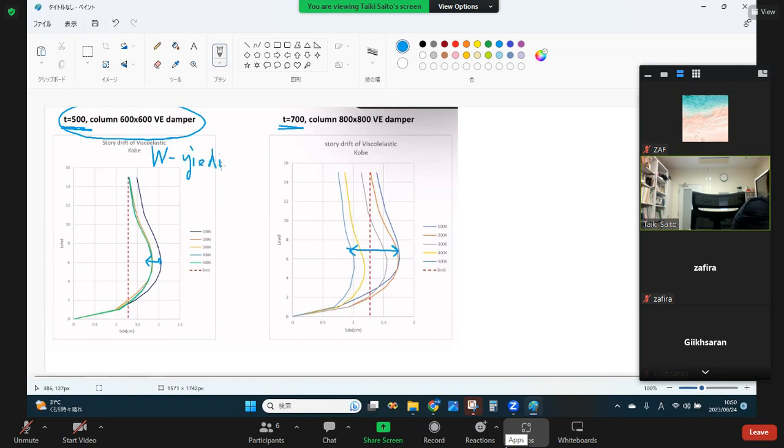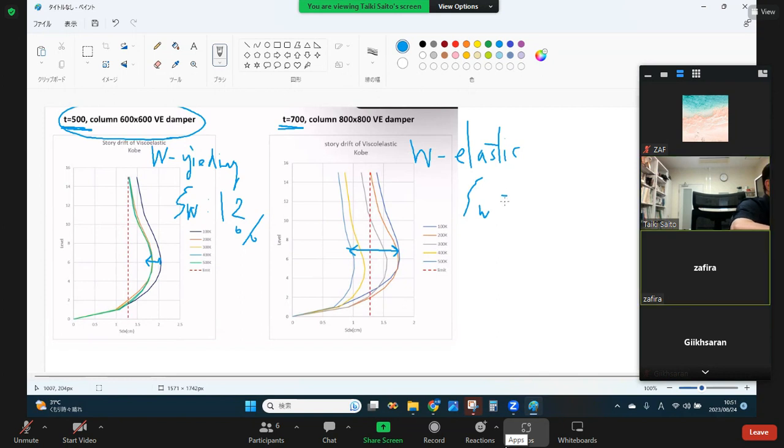So yielding. And in this one, the wall is probably almost elastic, or yielding is small. So it means the damping of the wall in this case is very large. I remember it's 12%, almost 13%, 12.7, and this one is 10 point something.